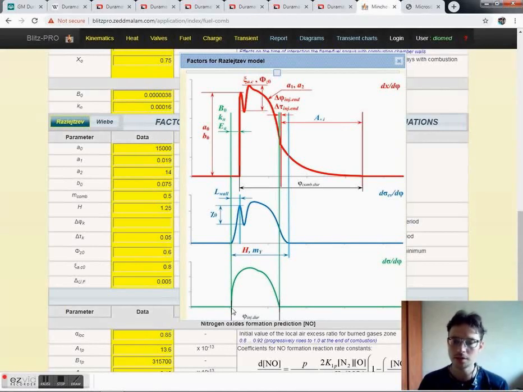As you can see, this pattern shows the relative speed of fuel injection, and this one shows the fuel evaporation. Fuel evaporation rises, the speed of fuel evaporation, until the sprays reach the walls of the cylinder. Then it drops, and then it rises again, and it drops until the whole fuel is evaporated.